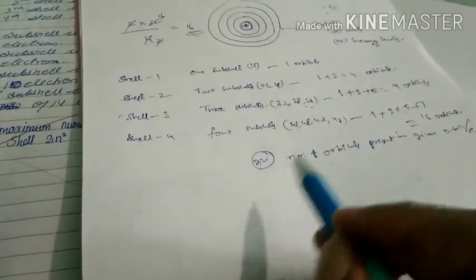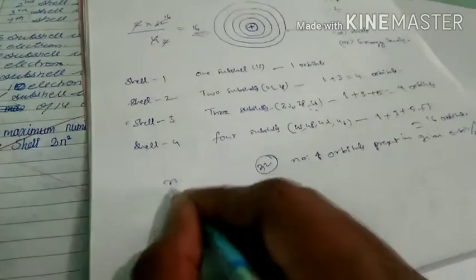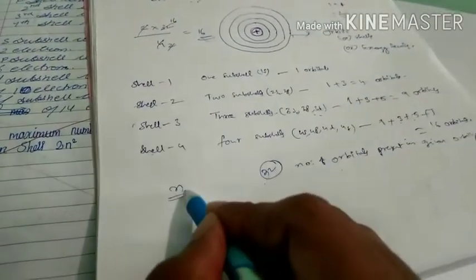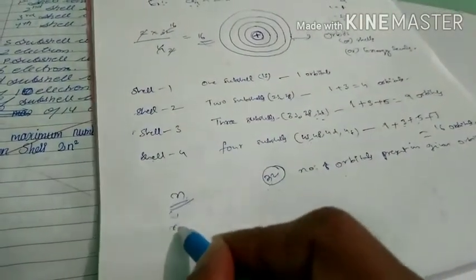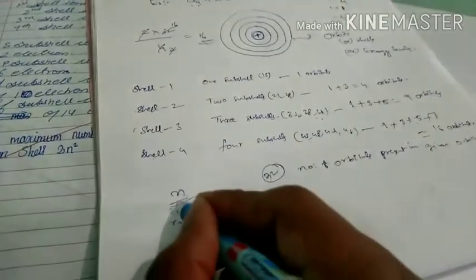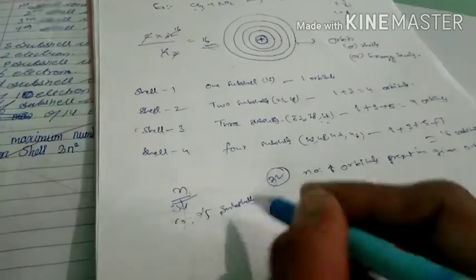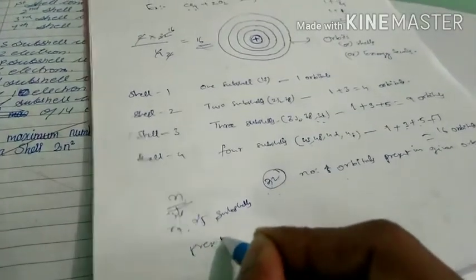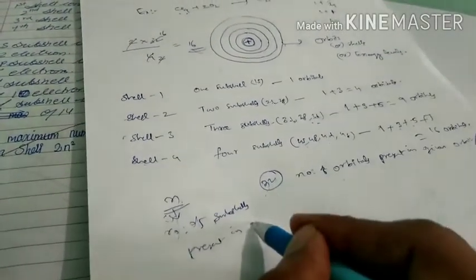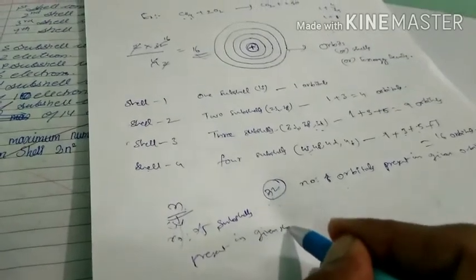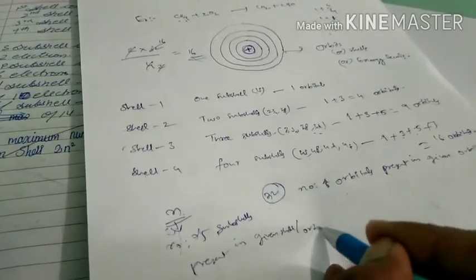The number of subshells present in a given orbit is the orbit number, nothing but n. This is the formula to calculate the number of subshells present in a given shell or orbit.